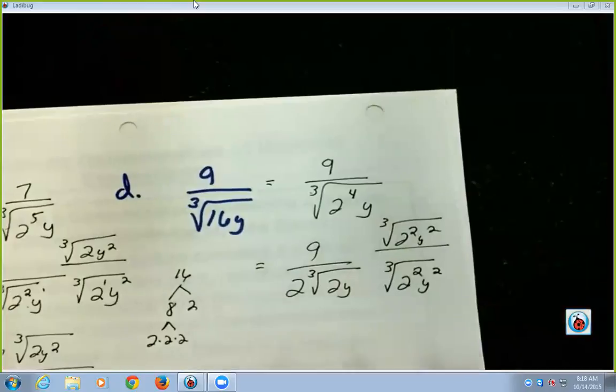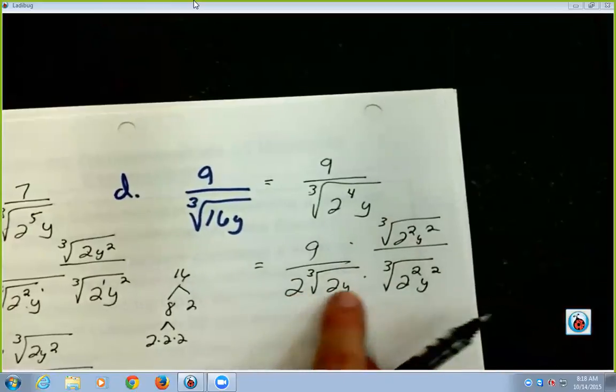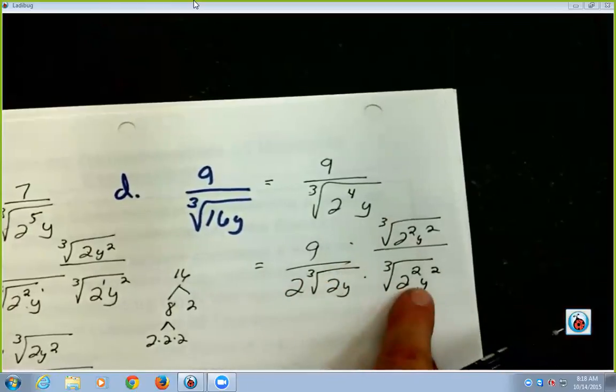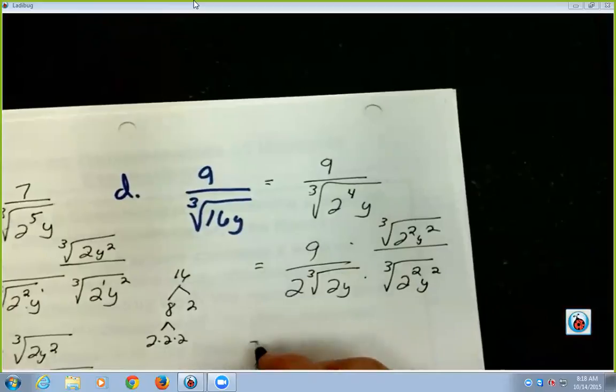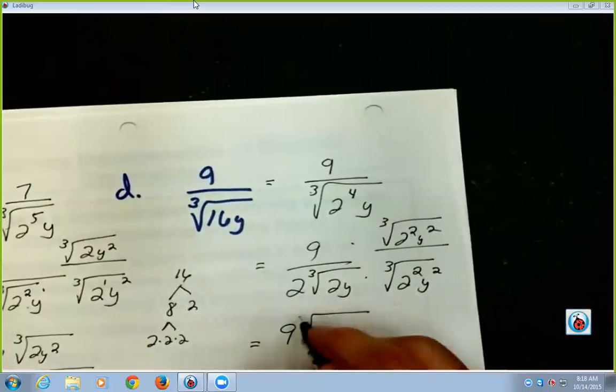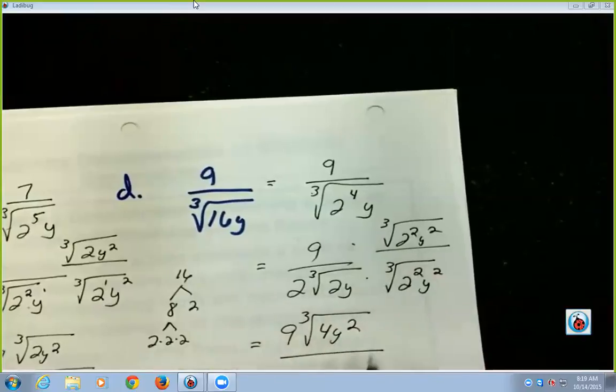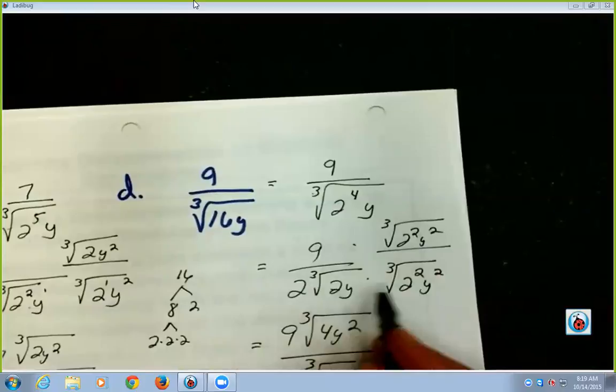So all I'm doing is forcing this bottom, just the radical piece, to disappear. So I'm left with 9. The cube root of 2 squared is 4. All over 2 times the cube root of 2 cubed and y cubed.